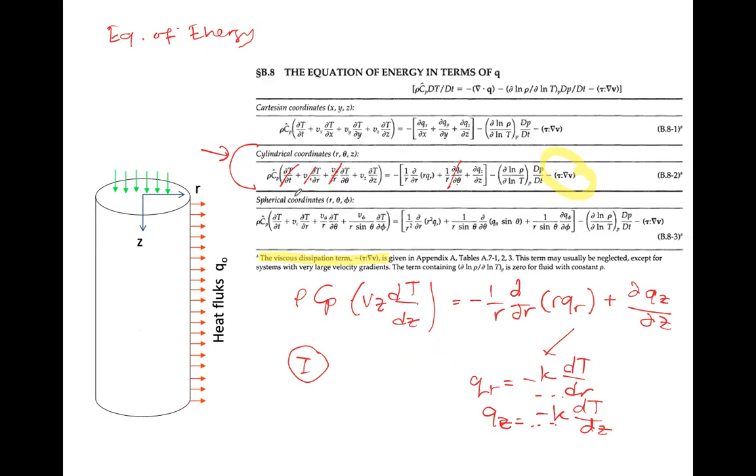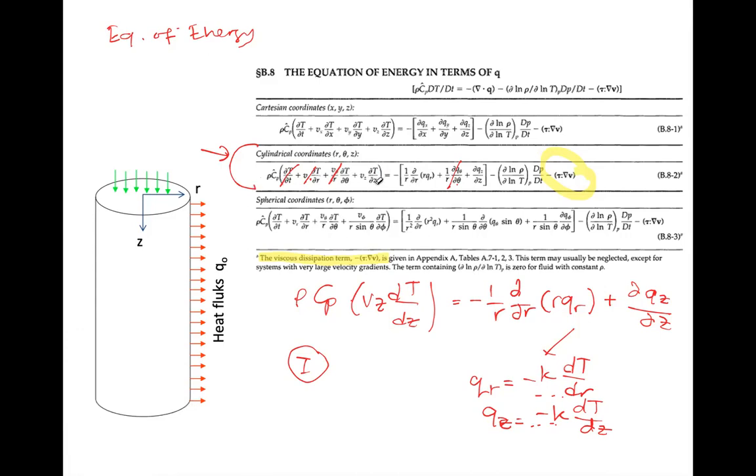We don't have v_r, we don't have v_theta. Sorry, we do have dou T over dou z, so I have to keep this one.